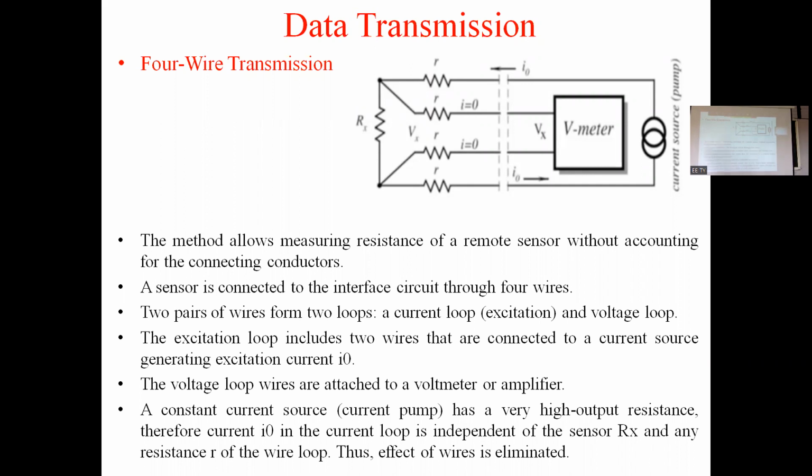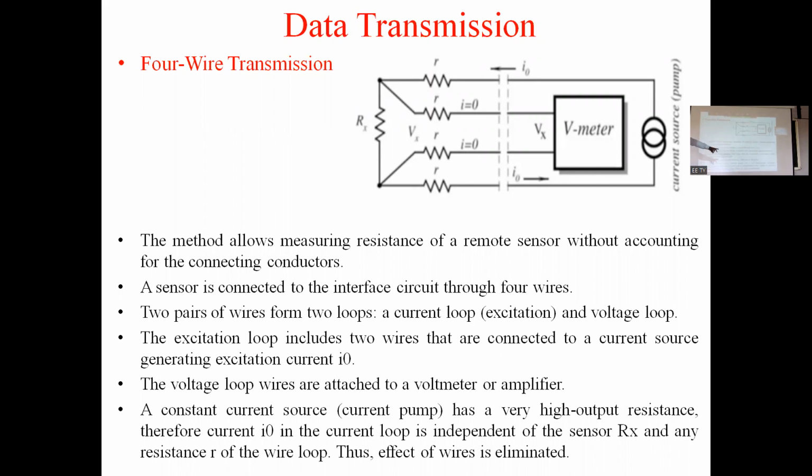Okay, and any resistance R of the wire loop also has no effect. So this current generator's internal resistance or internal impedance is high. Due to that high internal resistance, it will generate a low current, and this generated current is not dependent on the Rx resistance, or the resistance connected in the wire.